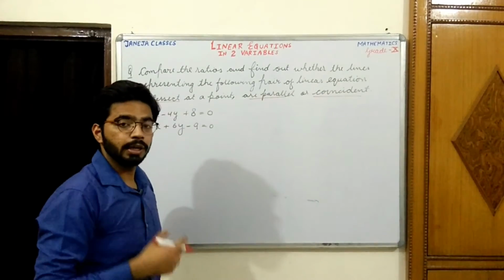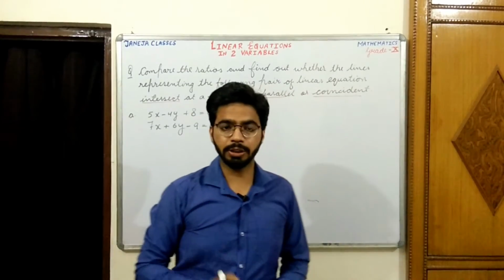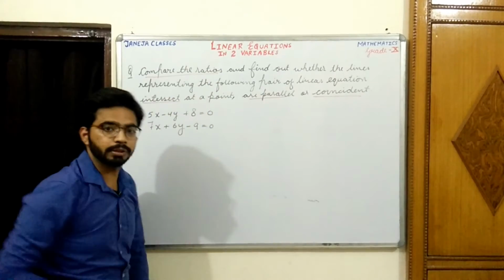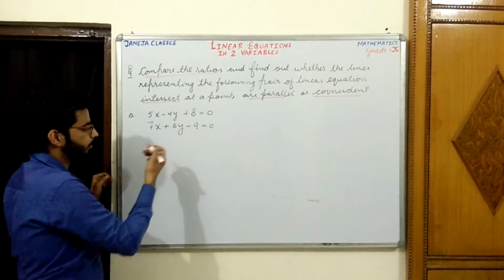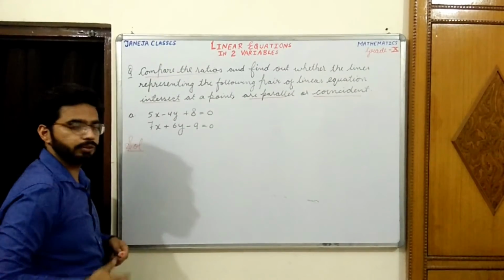So this we have to check. How do we check? We do not have to draw a graph now. We have a shortcut method, just by comparing the ratios, and it is already written in the question. If it is not written, still you can find out by this method. This is the best method. Let us find the solution now.